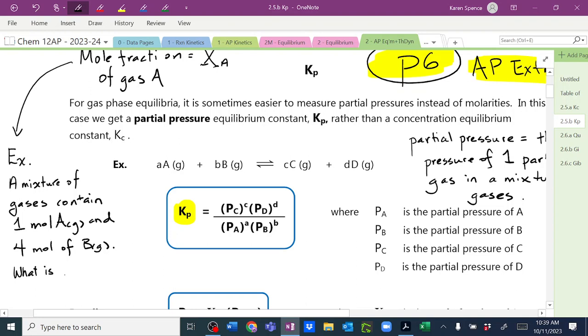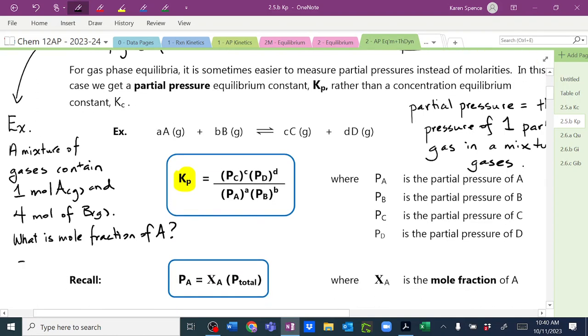Yes, and you can write that as either 1/5 or you can write it as 0.2. Okay? All right, that's what a mole fraction is.